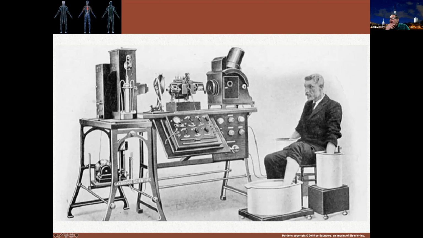We don't stick our limbs in buckets of saline anymore, but this is still the kind of configuration that one sees in EKG, where you have electrodes on the right arm and left leg, and the right leg serves as a ground. And you can see the little wires here coming from some of these containers.